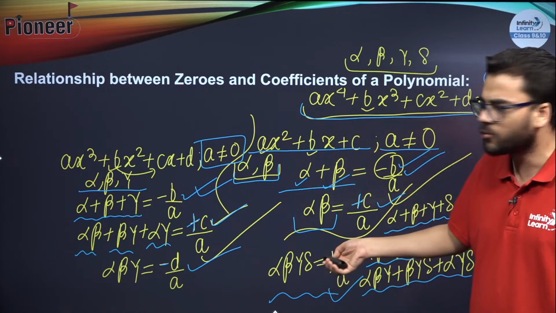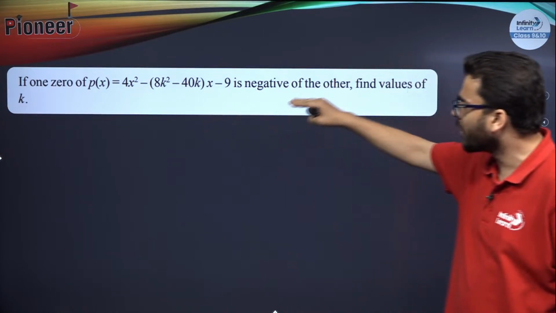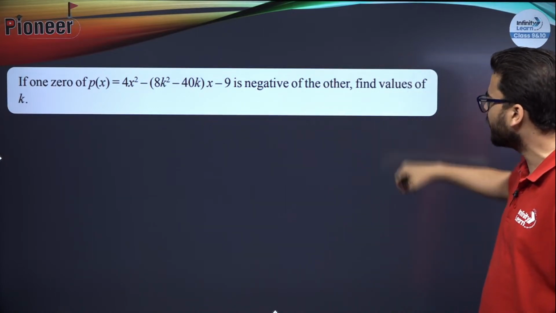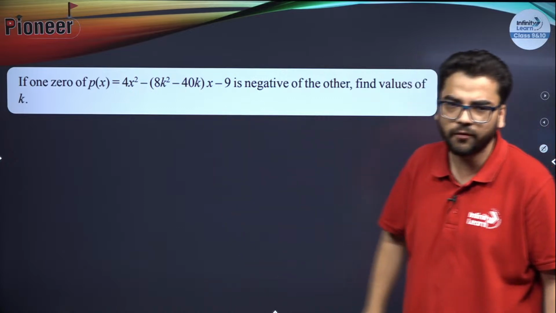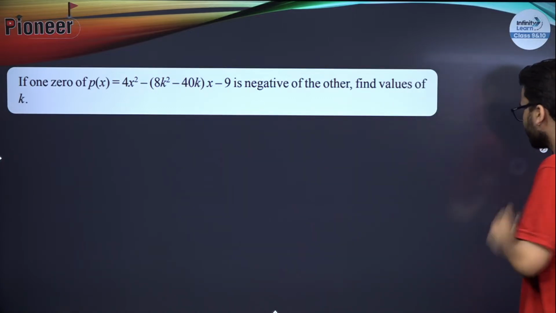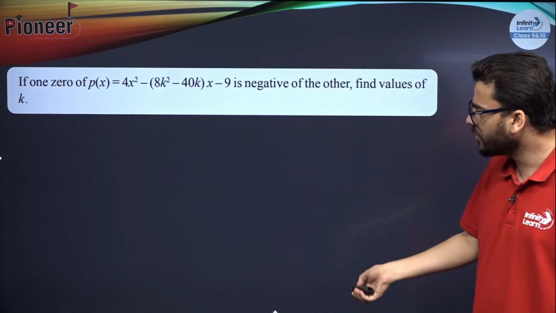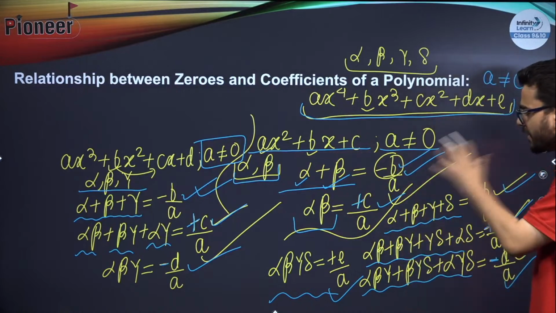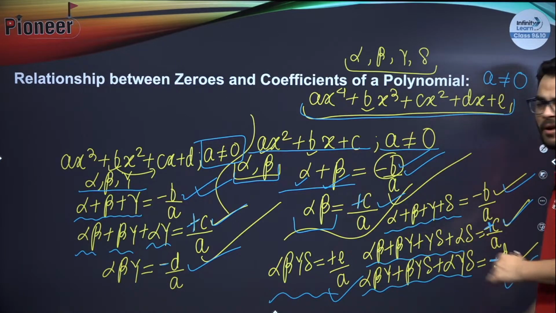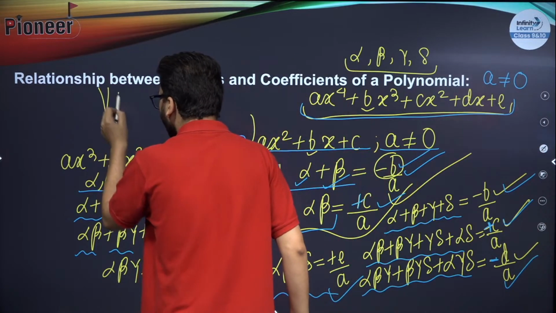Now let us do some questions on the basis of these relations. If one zero of this quadratic polynomial is negative of the other, can you find the values of k? Can you try doing this one, guys, and let me know the answer in the chat. These relations between the zeros and coefficients of different types of polynomials are known as Vieta's formulas.